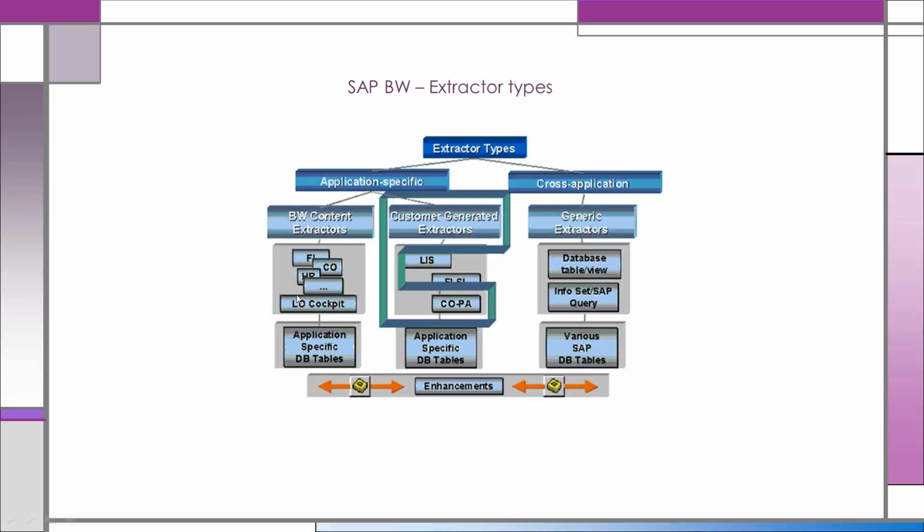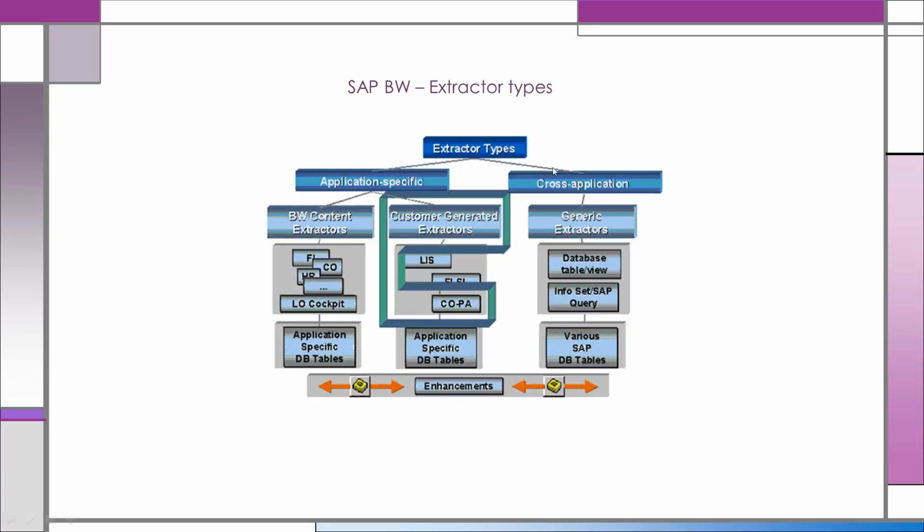Could be from CO, from finance, from HR or SD. So when you need to extract data from COPA, because it's not coming from one application, we have to have a customer generated extractor. You need to do some additional work to bring this data from ECC to COPA. So with respect to application specific, we have two: one is the content extractor, and one is the customer generated extractor.